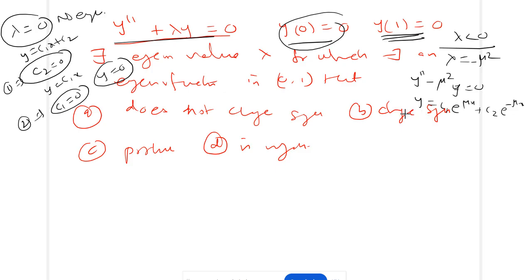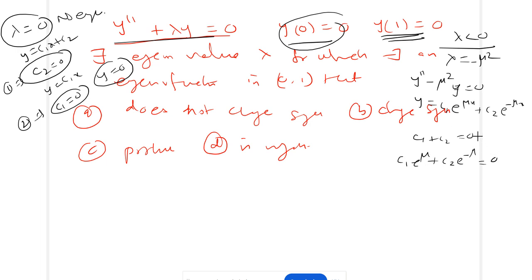Applying the first condition, x equal to 0, y equal to 0, we get c1 plus c2 equal to 0. The second condition, x equal to 1, y equal to 0, gives c1 e power mu plus c2 e power minus mu equal to 0. Solving these two, we get the c1 and c2 values.